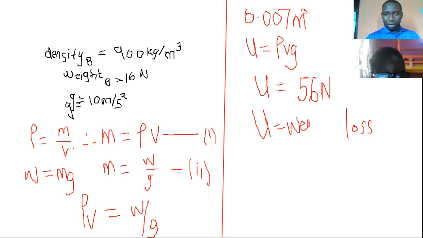The question was to find the weight of the body in the paraffin wax. So simple, that would just be the weight outside, which was 60, minus the weight displaced, which is 56, and that gives us 4 Newton. Do you understand that analogy? Yes, sir. Okay.